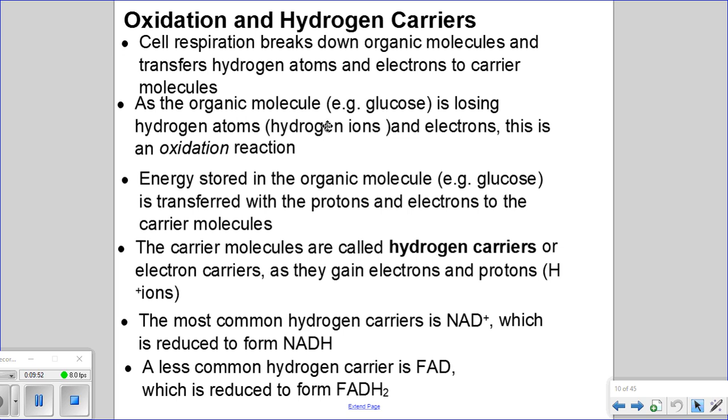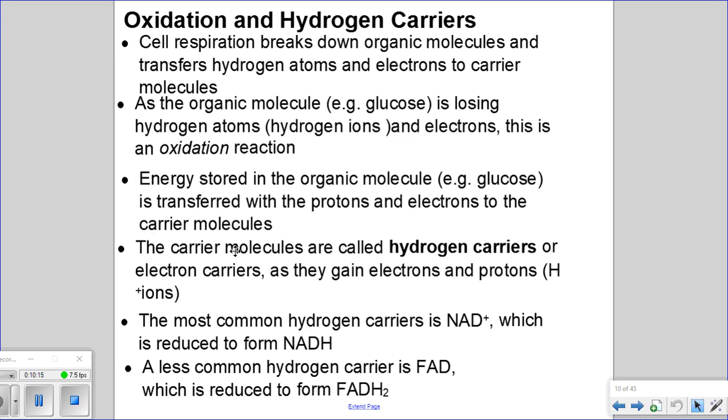As the organic molecule, for example glucose, is losing hydrogen atoms and electrons, this is the oxidation reaction. Energy stored in the organic molecule, in this case glucose, is transferred with the protons, hydrogen ions, and electrons to carrier molecules. And we'll talk about why they're called carrier molecules in a second.